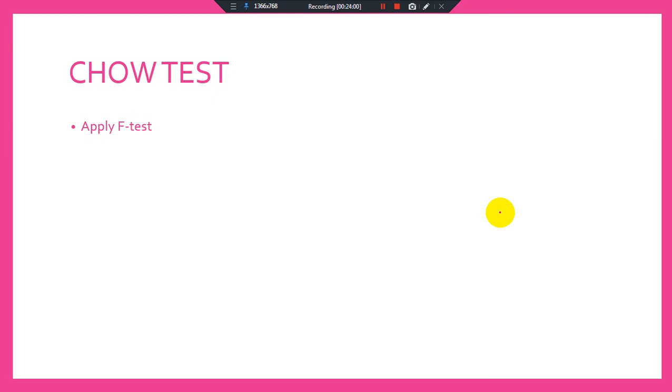Okay, apply the F test. Keep in mind, from here you can apply the F test, and all the steps involved in the F testing procedure have to be conducted and put here.